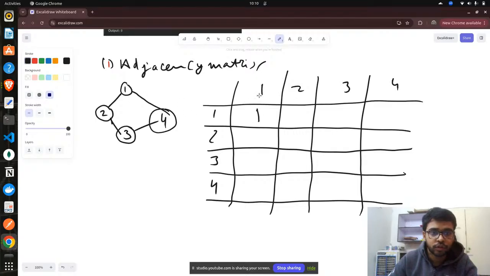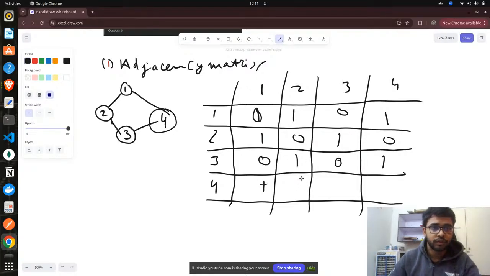So 1 2 yes, 2 1 yes, 1 3 no, 1 4 yes, 4 1 yes, 2 2 0, 2 3 yes, 3 2 yes, 2 4 no, 3 1 no, 3 3 no, 3 4 yes, 4 2 no, 4 3 yes, 4 4 no. So by this we can represent the graph in an adjacency matrix.